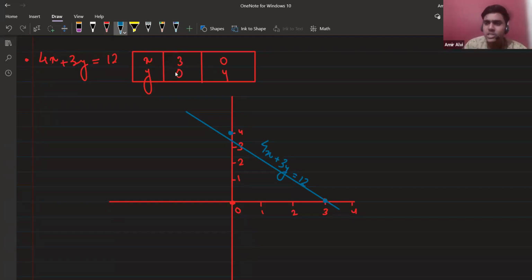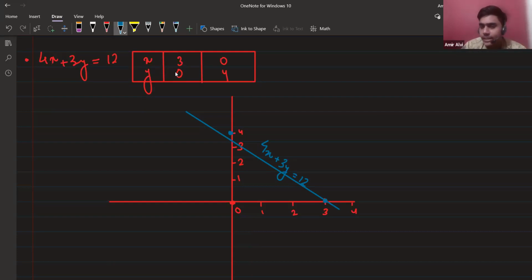So this would be much easier for you. You don't have to calculate anything. Just put the points on the graph and join them. Isn't it easy? Now, if you are clear, just be honest and let me know. Any doubt in this? No. So the graph is also done.